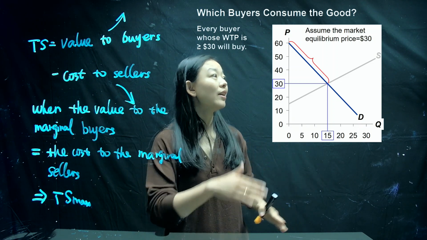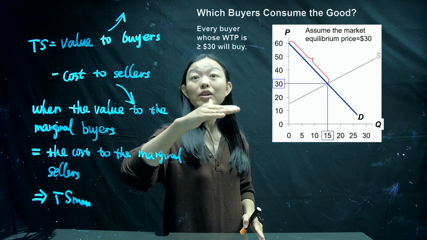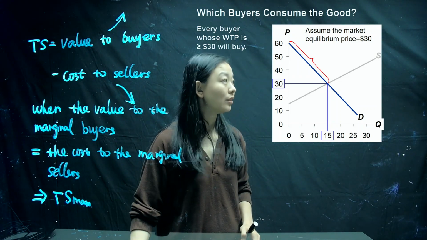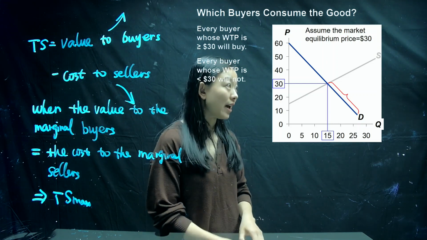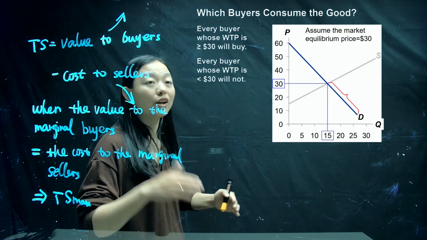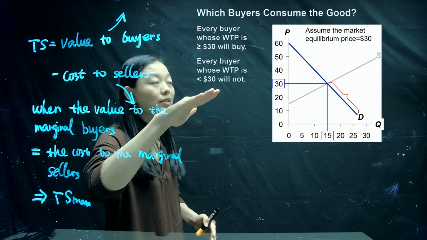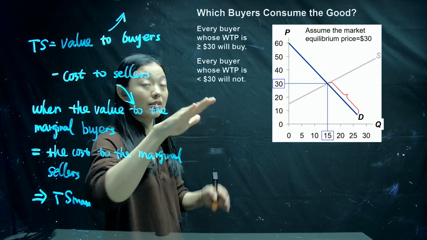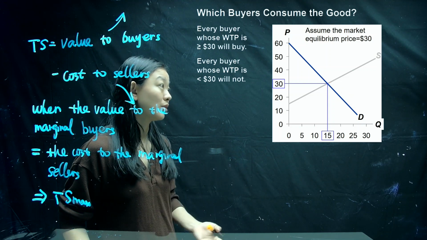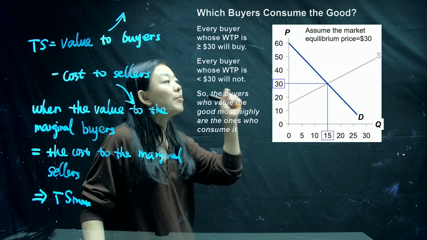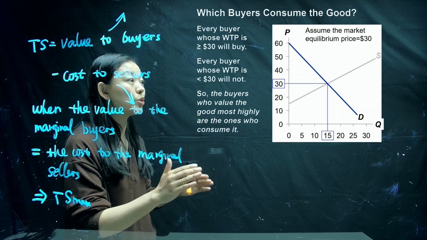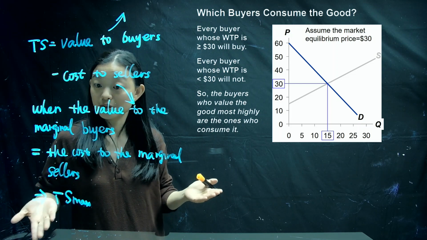So every buyer whose willingness to pay is higher than $30 will buy the product. Every buyer whose willingness to pay is lower than $30 will not purchase this product, if the market price is $30. So the buyers who value the good most highly are the ones who consume it. Of course, that's right.